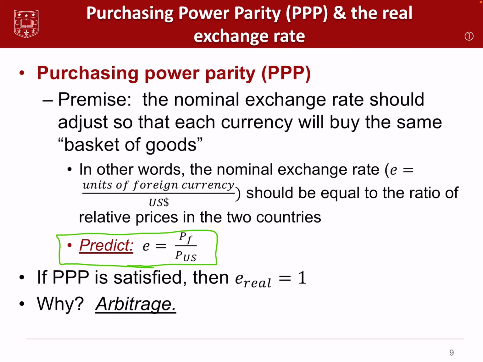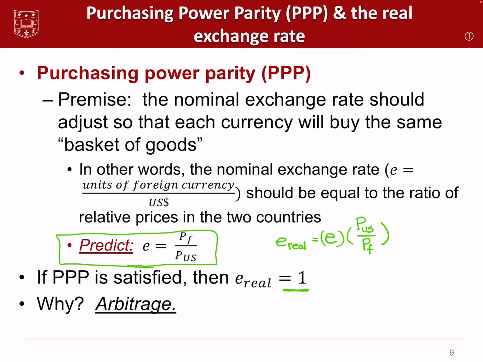And so another way to think about this is that if purchasing power parity is satisfied, then the real exchange rate numerically is 1. How do we know that? Well, we know that because the real exchange rate is equal to the nominal exchange rate times the ratio, say, of prices in the US relative to prices on average in the rest of the world.